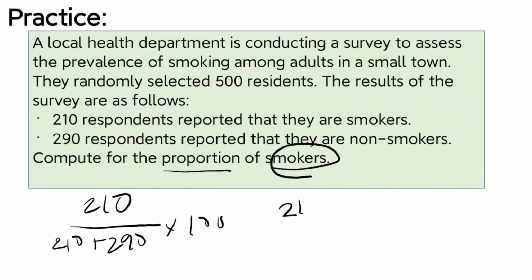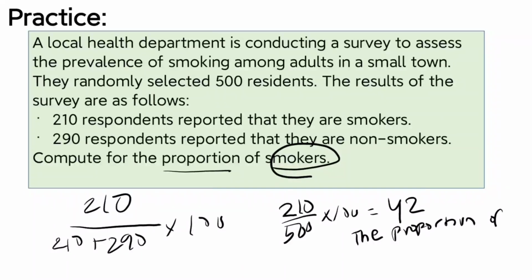So, 210 over 500 multiplied by 100, you will get 0.42. So, you will have 42. So, the answer is, the proportion of smokers is 42%. The proportion of smokers is 42%. Right? So, that is how simple it is.